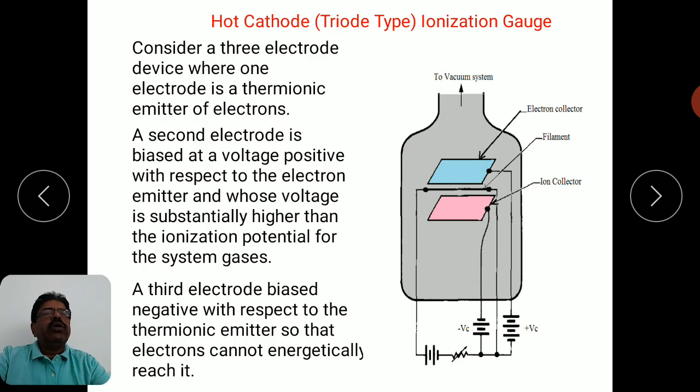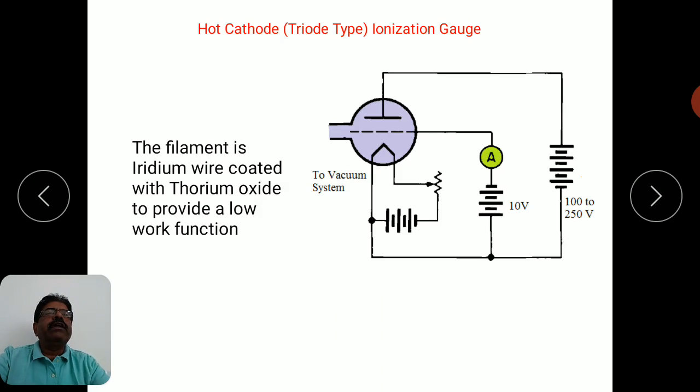Okay, so this is how this hot cathode ionization gauge is working. And this is another typical diagram, an easier one to understand the connections. You can see this triode type of gauge, hot cathode gauge.